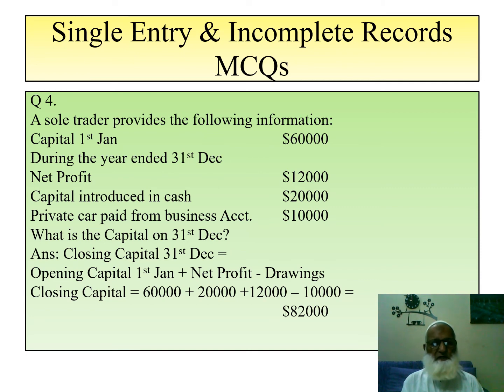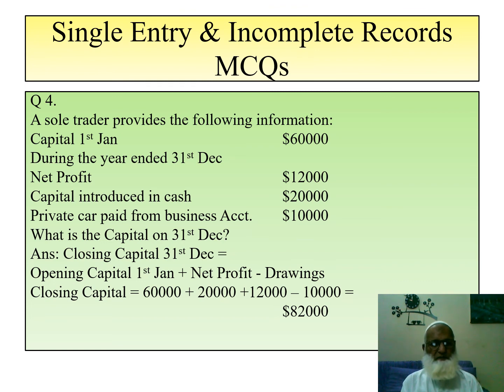Capital introduced in cash was $20,000, and private card paid from the business account was $10,000. What is the capital on 31st December? We have to find out. We are given the information related to capital, net profit, and we have to find out what is the capital on 31st December.